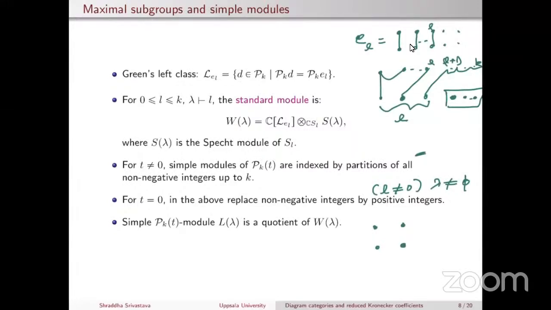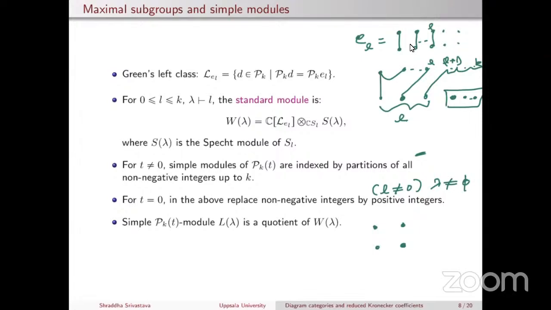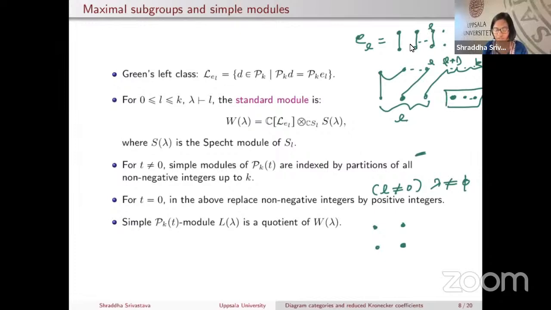Yes, you're right. When the algebra is non-semisimple, there can be extensions between them. But the dimension of W lambda does not change; L lambda will change.